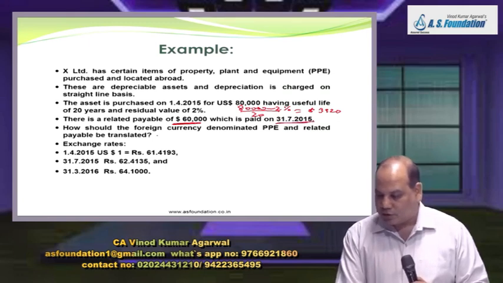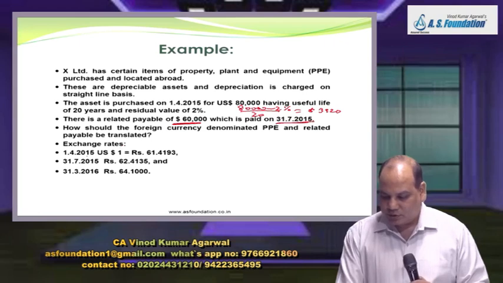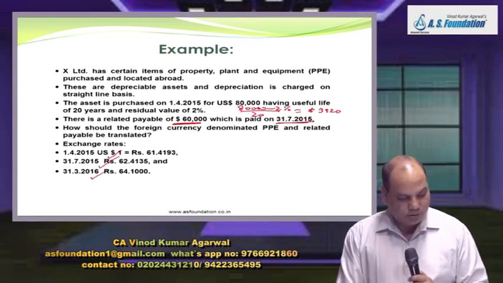There is a related payable of dollar 60,000 which was paid on 31st July 15 only. How should the foreign currency denominated PPE and related payables be translated? Exchange rate is given on the date of purchase, on the date of payment to creditor, and then at the end of the year. Is it right?